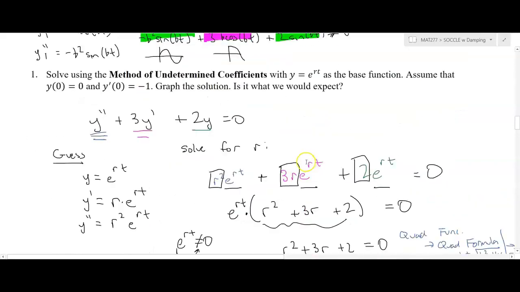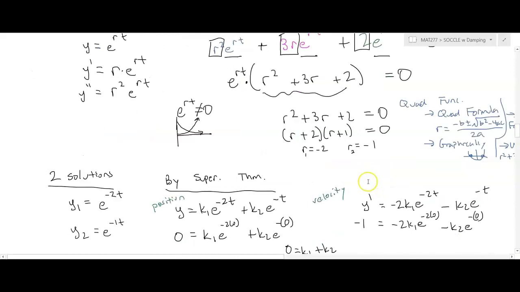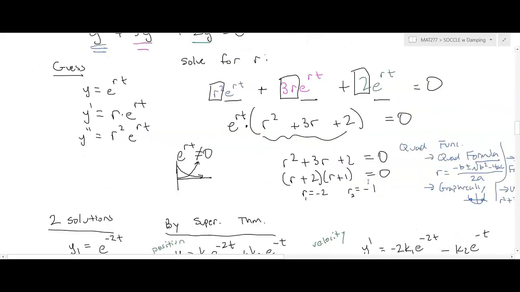So e to the rt, what we did is we said, all right, well, e to the rt, let's just find the right r that does this. So if y is e to the rt, its derivative is r e to the rt, second derivative r squared e to the rt, and then we substitute in for those components and we solve for r.